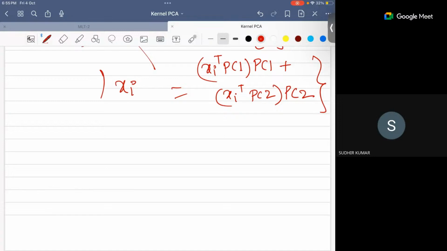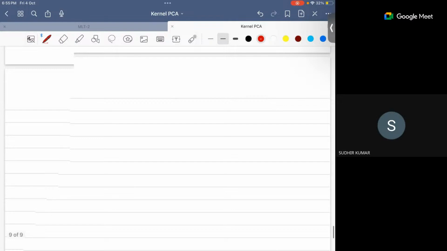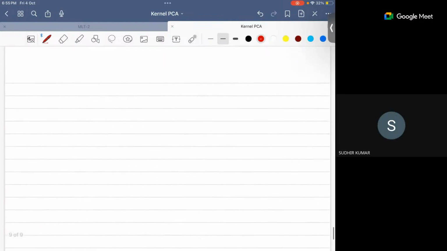So if you are just coming from, let's say, R^D to some R^K, and that will help you in the kernel PCA also. In the end, you'll come upon one concept: your xi belongs to R^D itself.